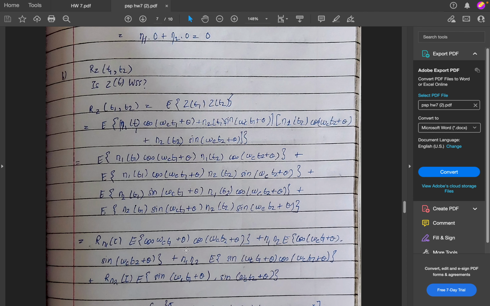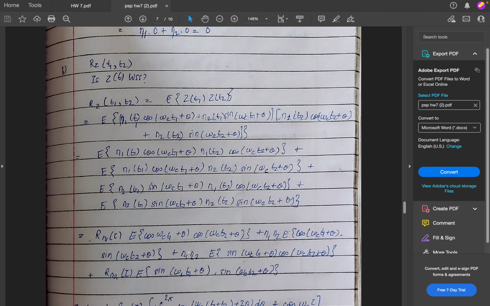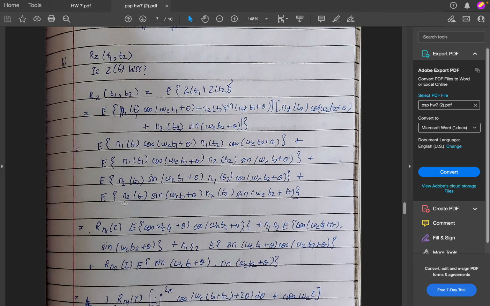Similarly for the third term, n2(t1) times n1(t2) can again be written as the constant values multiplied together. And for the last term, n2(t1) times n2(t2) can be written as Rn2(τ).